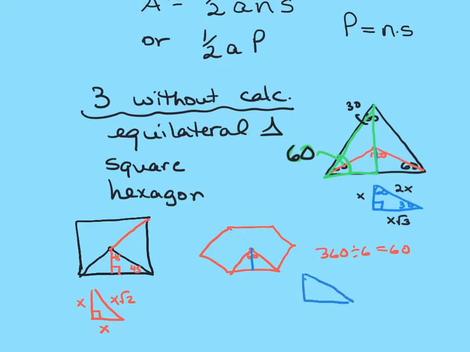The 60 gets bisected, so now it's 30. And then from there, this would be x, x root 3, and 2x. So this would end up being your apothem, which would be here. Either way, you're going to be using special right triangles to find these different measurements.